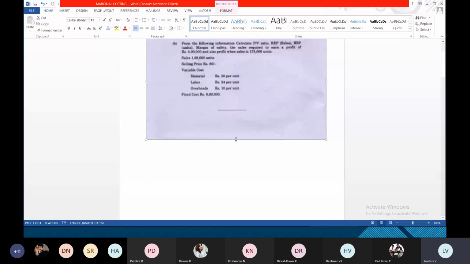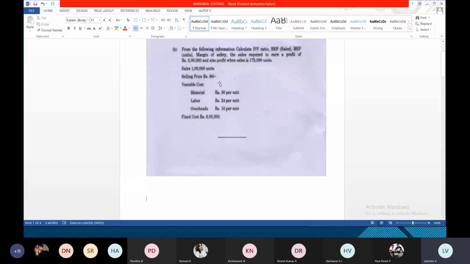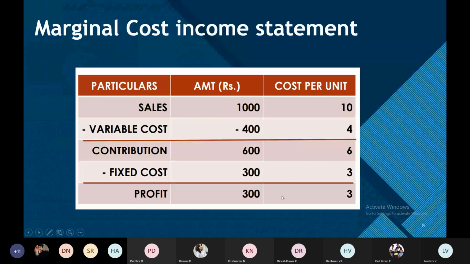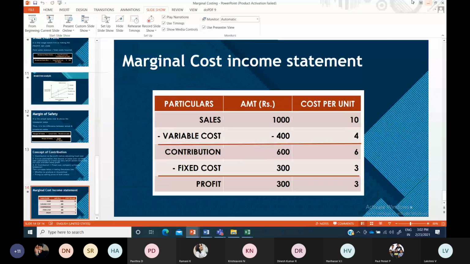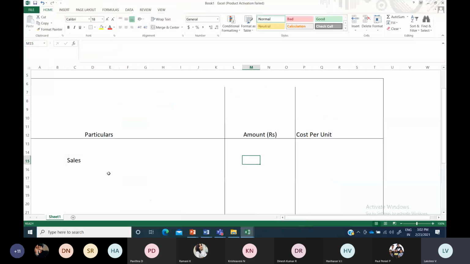This question is also available in your WhatsApp, you can check. So you have to put it now. So 1 lakh into 80, you just find out how much it is coming.